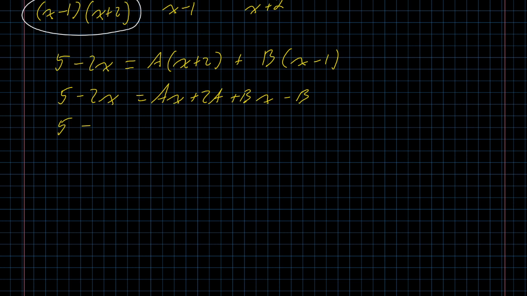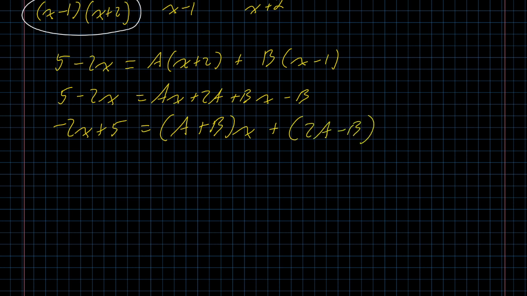Doing a little bit of rearranging, I can write negative 2x plus 5 equals (a plus b)x plus (2a minus b).